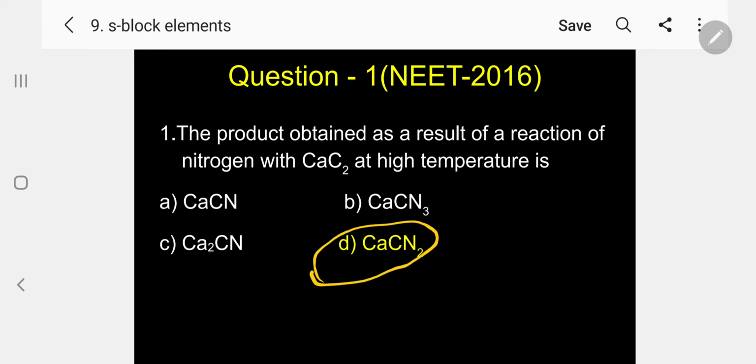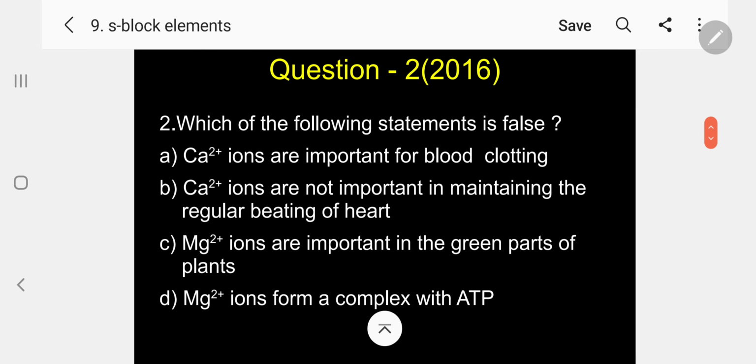Then action of compounds. Under the compounds, give priority order: first neutral, water, then acids, then bases, then salts. If you maintain this order, it is easy to memorize. Kindly follow.